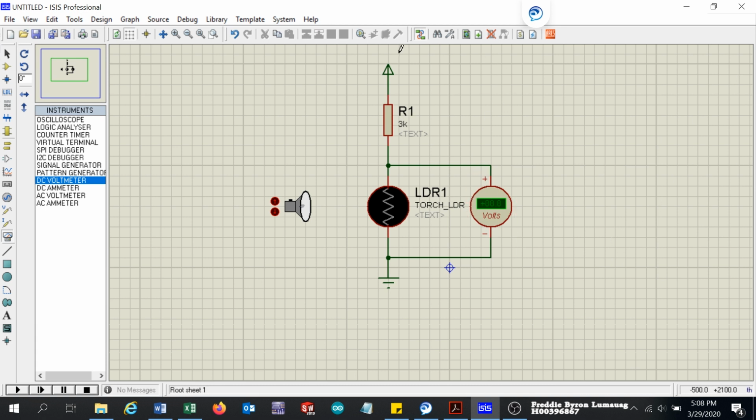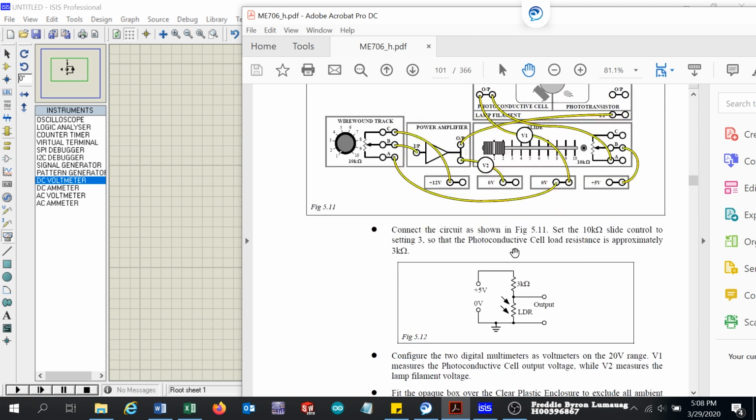So in this simulation, we do not need that other part of the circuit here, because this powers only the phototransistor that will give light to the LDR.